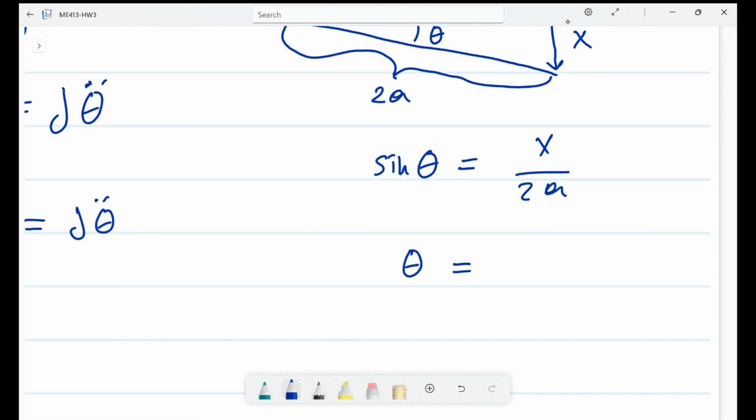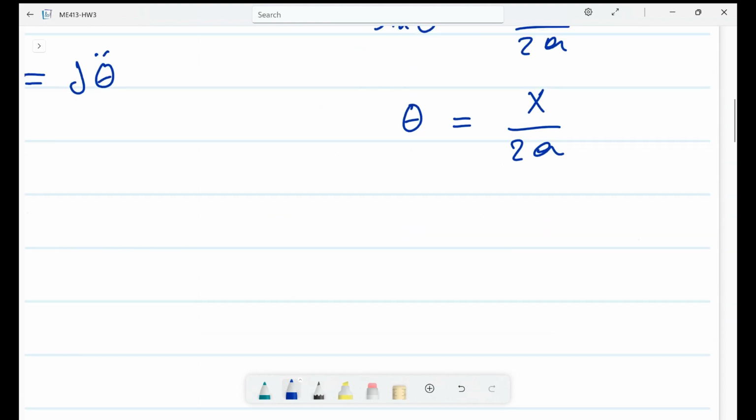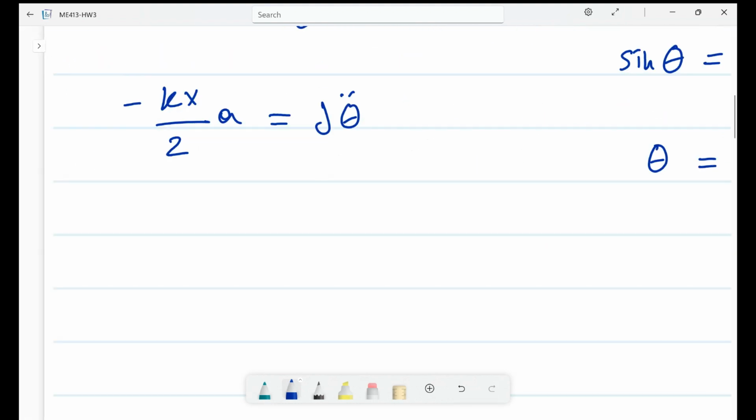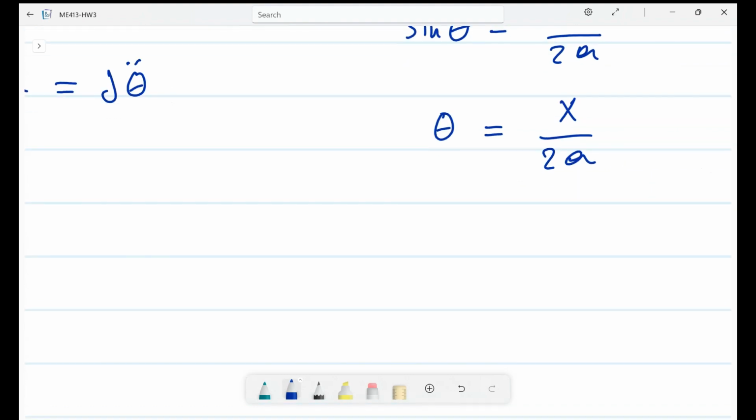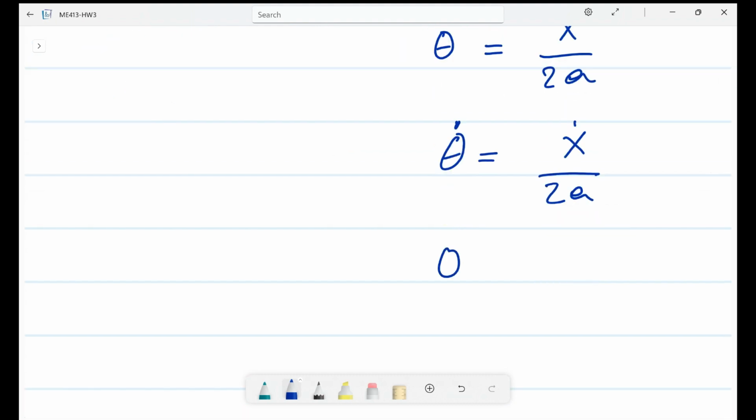So theta will equal x over 2a, and that's it. This is how you convert from theta to x coordinate. Similarly, theta dot will be x dot over 2a, and theta double dot will be x double dot over 2a.